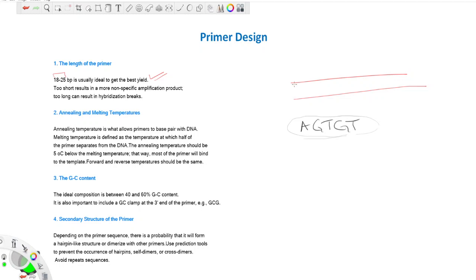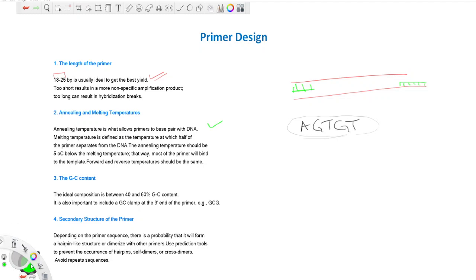So at this point, your annealing temperature is what allows this primer to actually base pair with this region like this. All right. And your melting temperature is actually the temperature at which half of the primers separate from the DNA. So they separate to make room for the next reaction to occur and so forth.